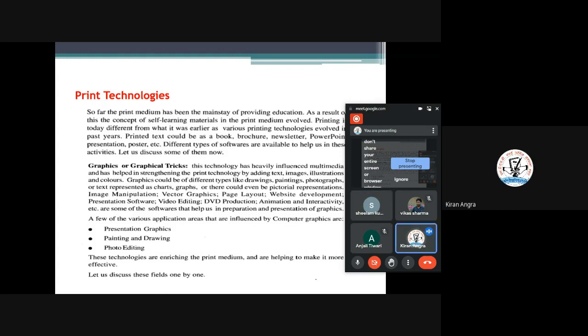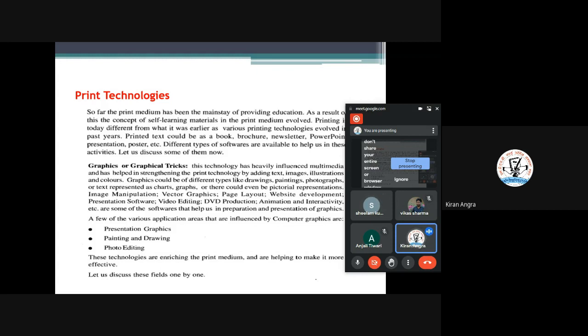with graphics, the technology has made printing no more a simple printing. This printing technology is not only the text. Now images, illustrations, colors, or different types of drawings, paintings, and photographs are being added and incorporated into the text material.